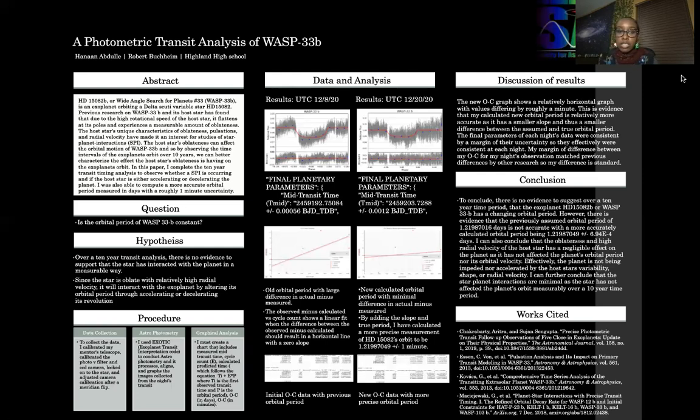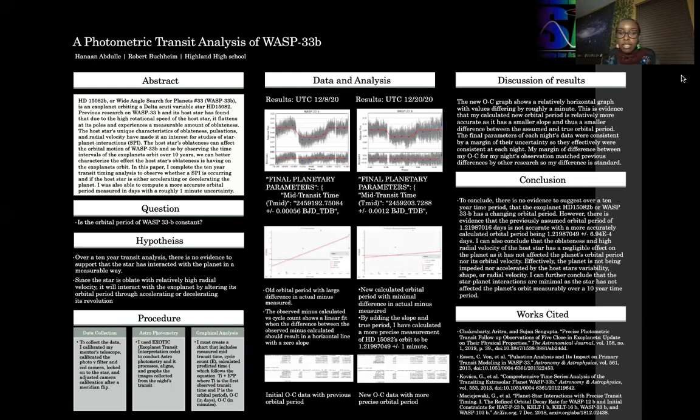And what this tells us is that the observed orbital period and the calculated orbital period are not the same, or as close as they could be, because the slope is the difference between the observed and the calculated orbital period.